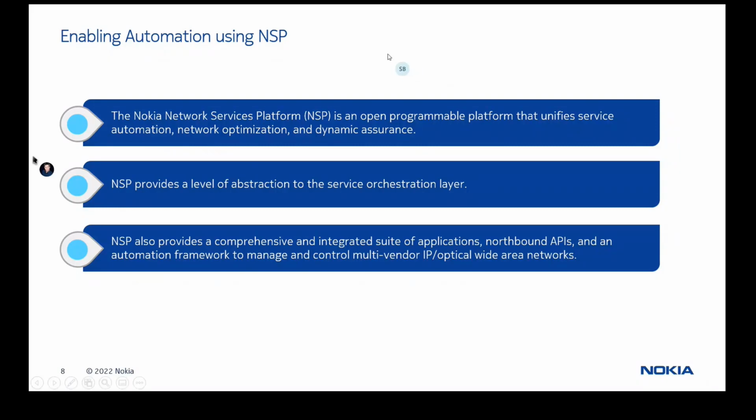It's an open programmable platform. We're looking at a level of abstraction, and abstraction is really important here, right? Especially in intent-based networking, we're able to abstract all of those differences or extra little pieces that may make things a little more complicated.